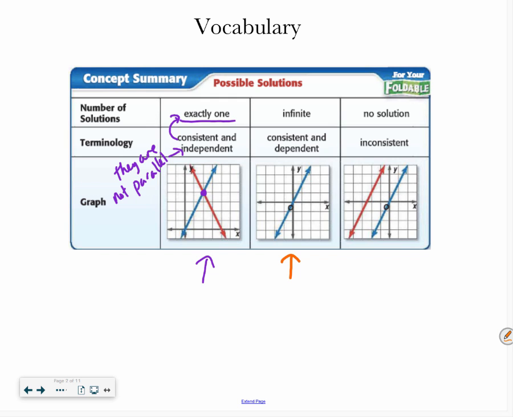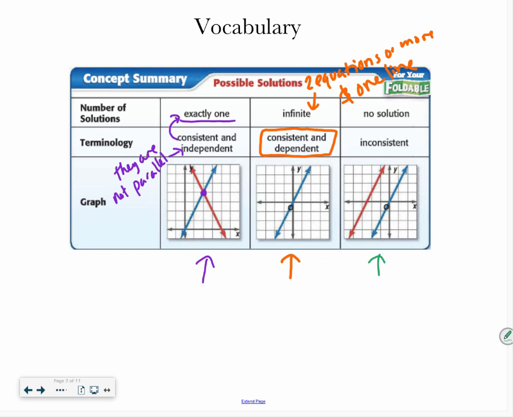So if I give you two equations and they happen to end up being the same exact line, that is known as consistent and dependent, and there are infinitely many solutions. So two equations or more and one line, okay?